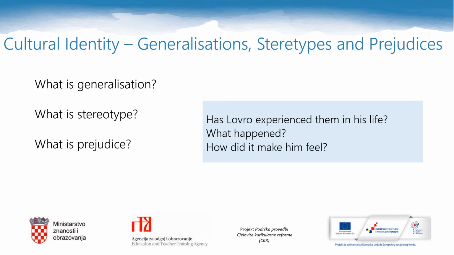Stereotype is your fixed and always oversimplified idea of a type of person or thing, which is not the same as the reality. Again, that's not the right thing to do. Finally, sometimes people have prejudices.